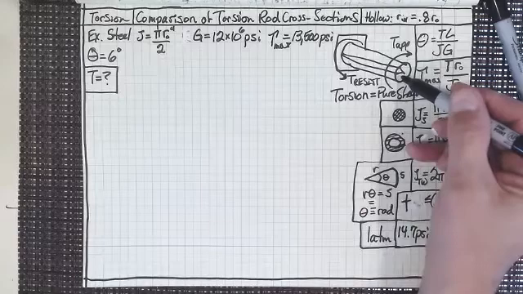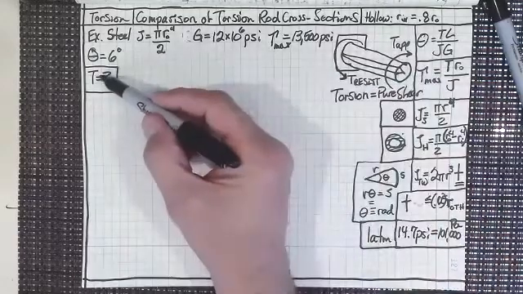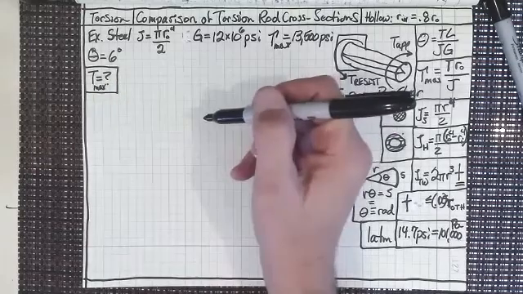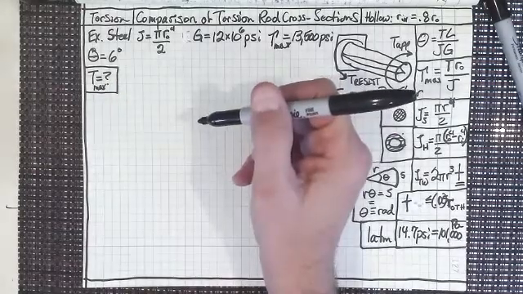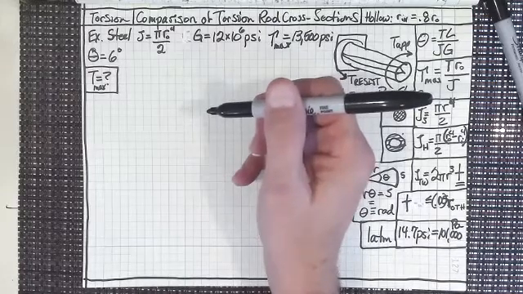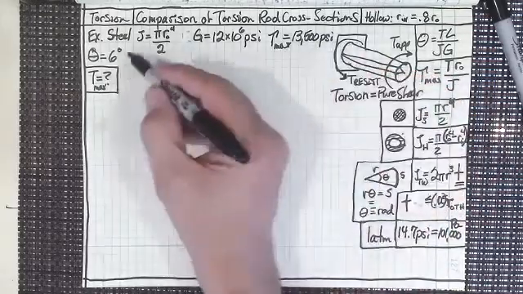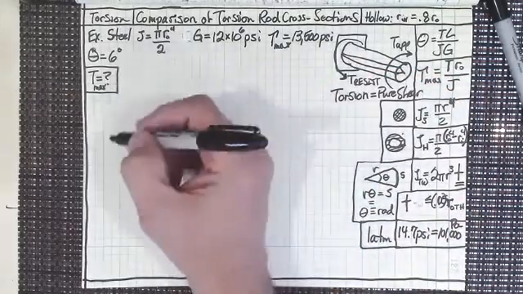I want to find out what is the maximum torque that can be placed on this at 6 degrees. We don't really need the 6 degrees at all. We just need what the maximum torque is. We know what the maximum thing is, so the 6 degrees doesn't really matter.